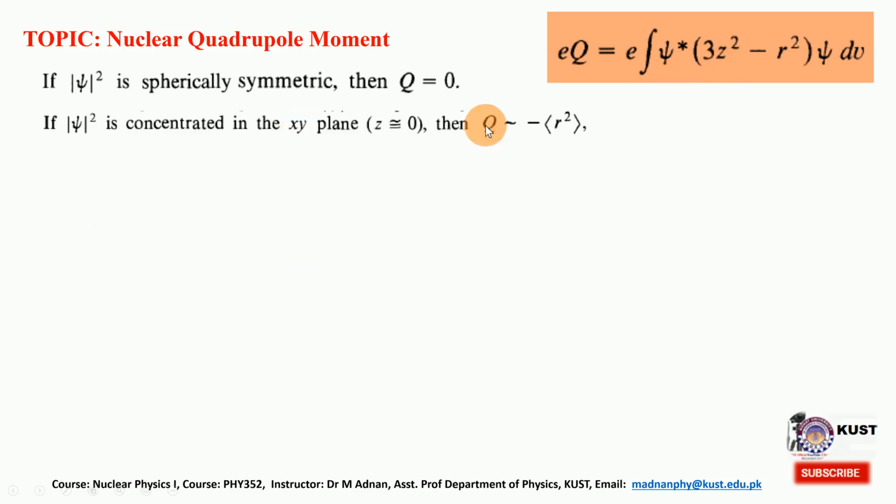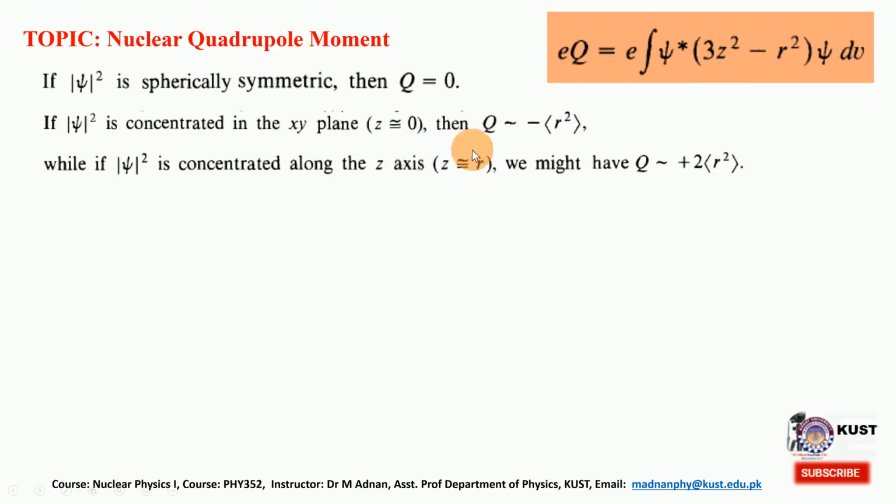Now if z is equal to 0, that is the xy plane, you see there is a deviation. If you remember the two spheroidal shapes we discussed, the prolate and the oblate form, in those situations you have deviation from spherical symmetry, and these numbers can be directly obtained by using the input values here, and then Q will be of this order, equal to +2, and then what is this r?